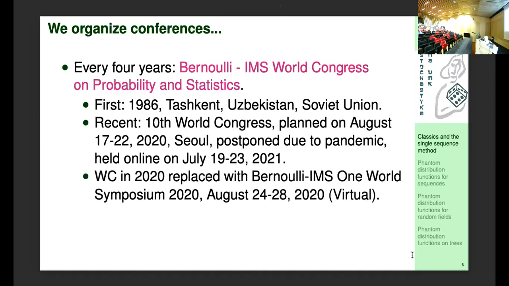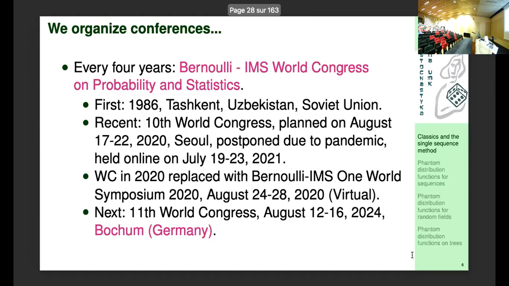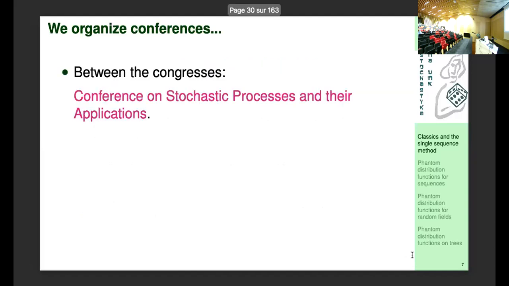One has to say that with the support of Bernoulli and IMS, there was the One World Symposium, some kind of replacement for the Bernoulli Journal. Also, the information that the next World Congress will be in Europe, in Bochum, in 2024. So close. I mean, not so far.